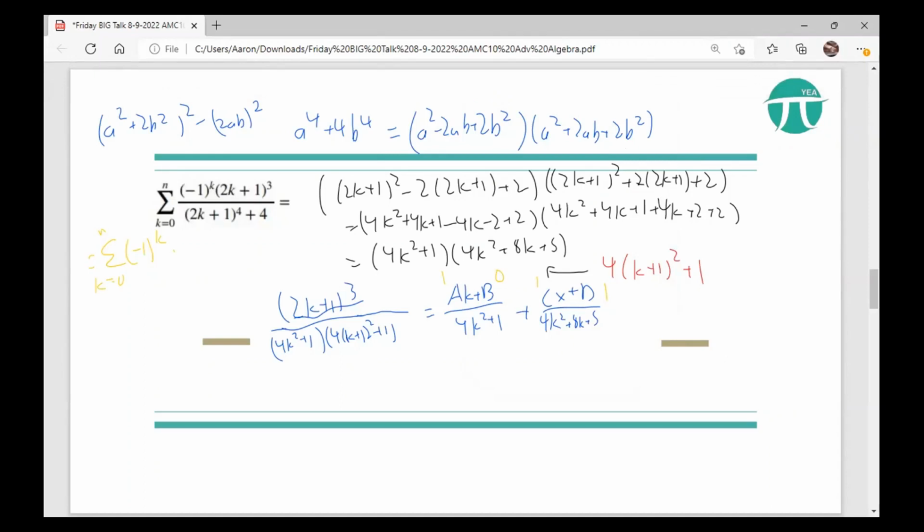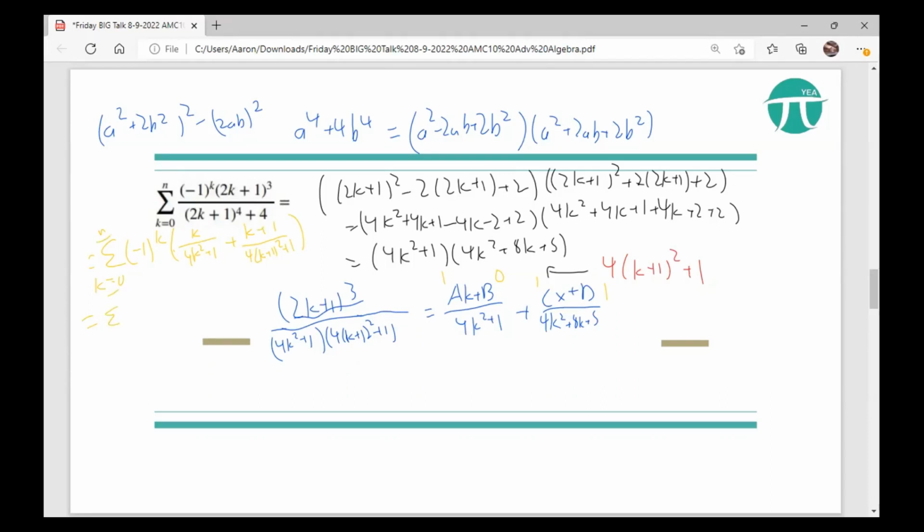And so this is -1 to the k times k over 4k squared plus 1 plus k plus 1 over 4 times k plus 1 squared plus 1. And you can do a little manipulation, and this is equal to the sum. I won't be writing this anymore because I think all of you know what I'm referring to, so I can just abbreviate it with the sum.